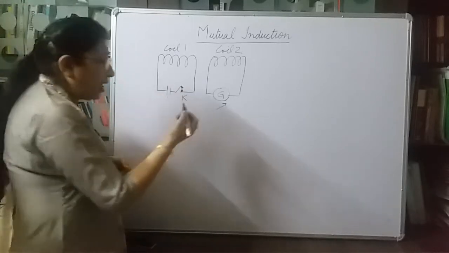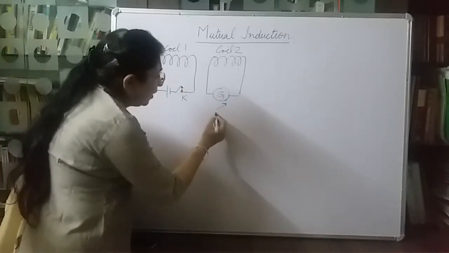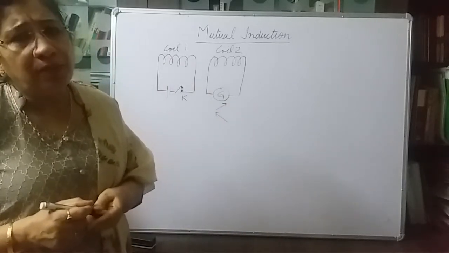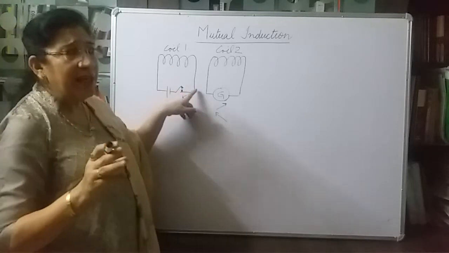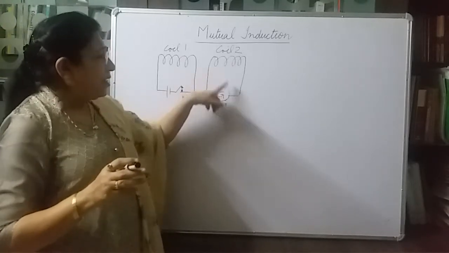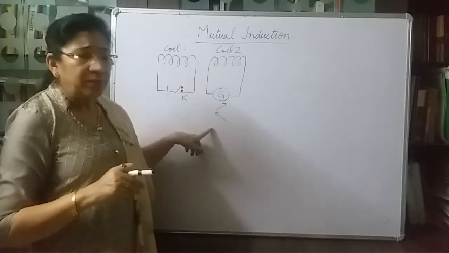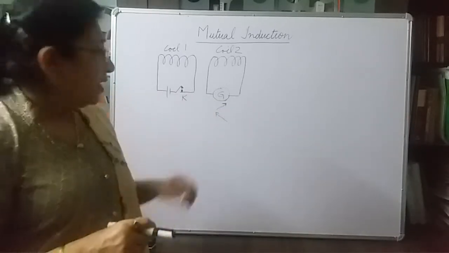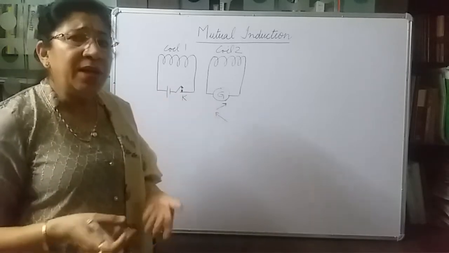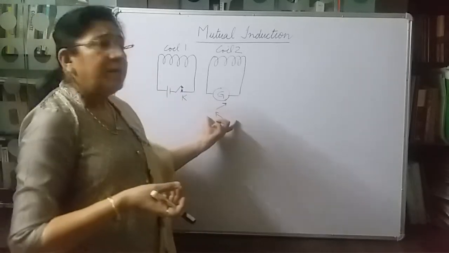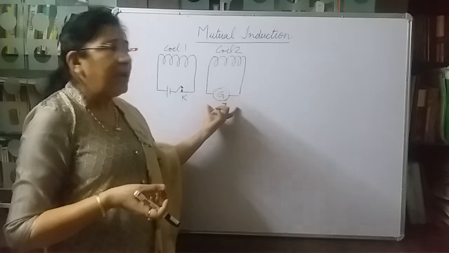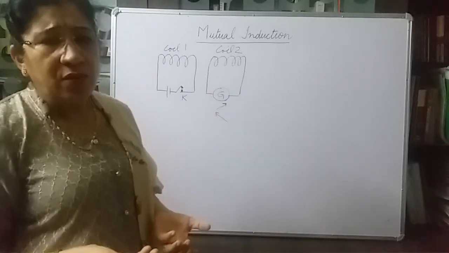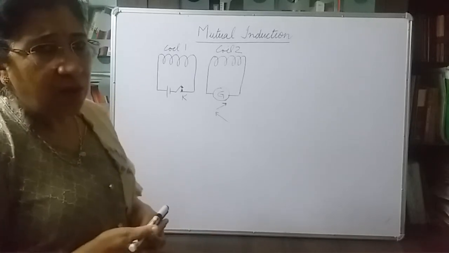At that moment again we see deflection in the galvanometer but in the opposite direction. This experiment indicates that since there is no source of EMF here, at the moment the key is pressed and at the moment the key is released, some current flows in coil 2. Or rather we can say current is induced in coil 2, or EMF is induced in coil 2.